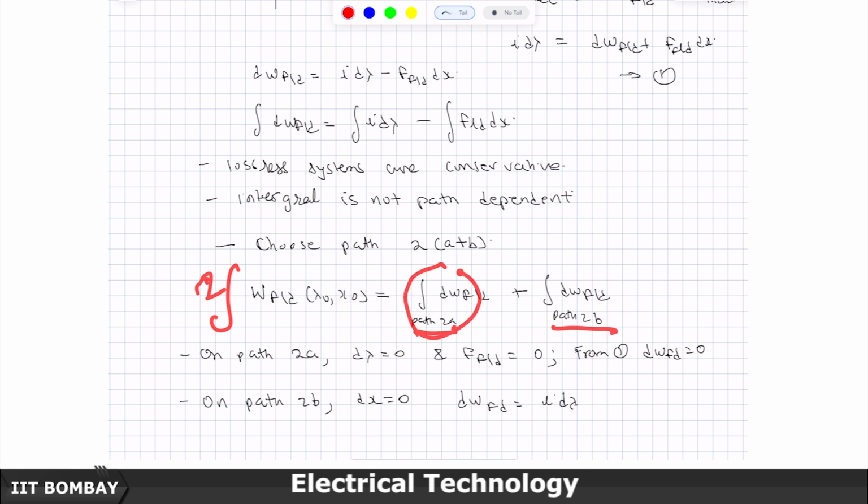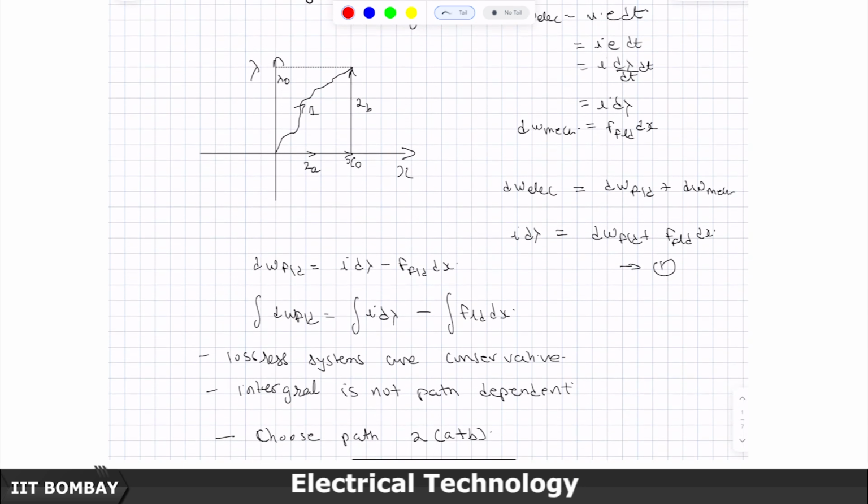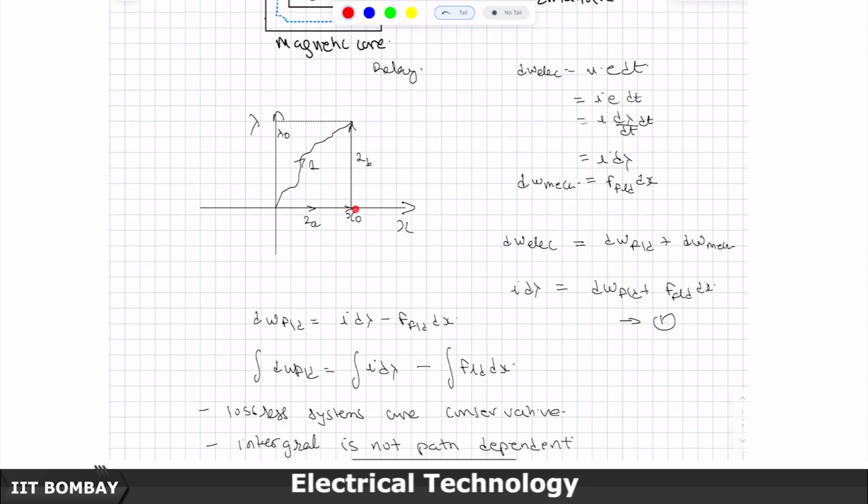Now, the integral on the path 2a turns out to be 0. It is an unenergized system, you just separate it out a bit, no work is required to be done. So, therefore, not surprising that this is 0. So, everything gets done as if you first moved it up to here, and then started increasing the current in the coil and holding it there, not allowing it to move.